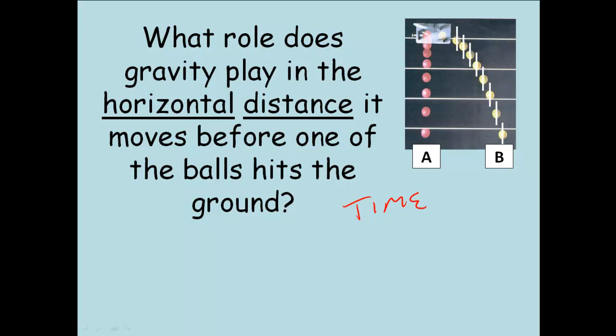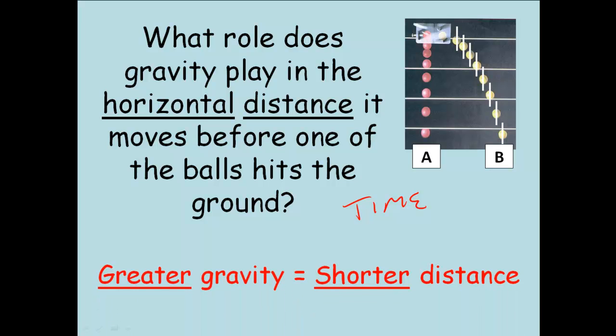That's the only connecting factor. If you're in the air for a less amount of time, well, then you can't go as far. If I travel for only 1 minute, I'm going to go a certain distance. What if I traveled for 2 minutes? I could certainly go twice as far. So in other words, more gravity means shorter distance.